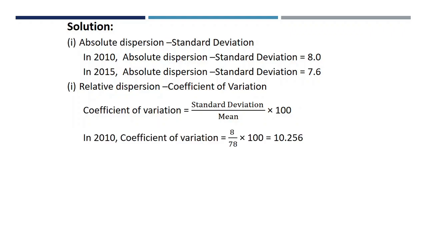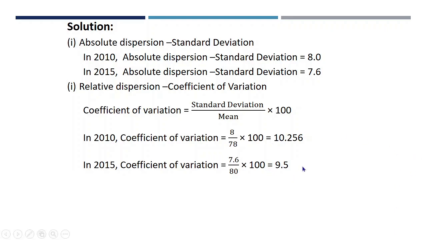Substituting the values, in 2010 the coefficient of variation is 8 by 78 into 100, which is 10.256, and in 2015 it is 7.6 divided by 80 into 100, which is equal to 9.5.